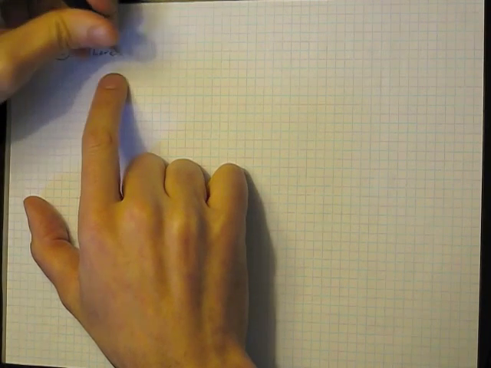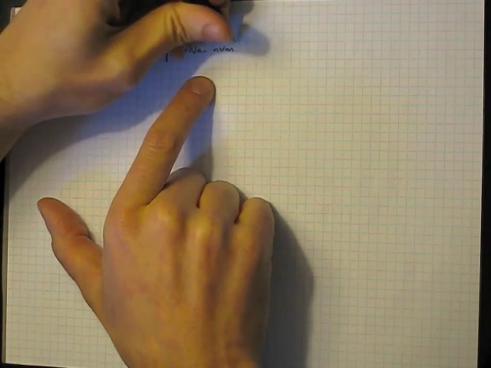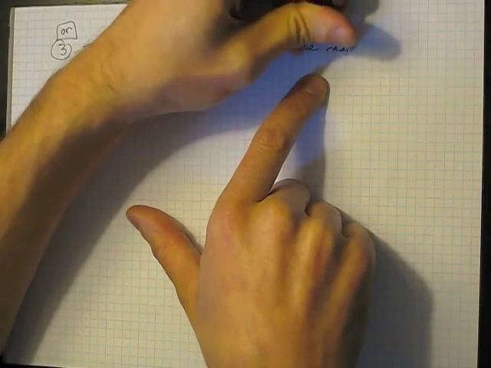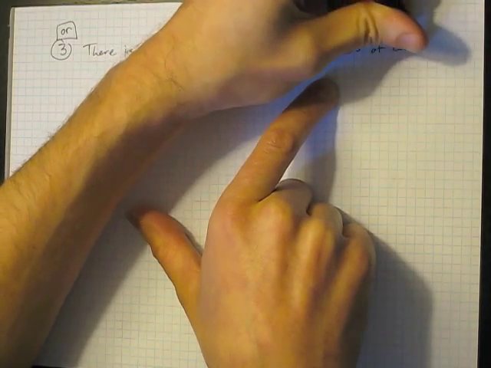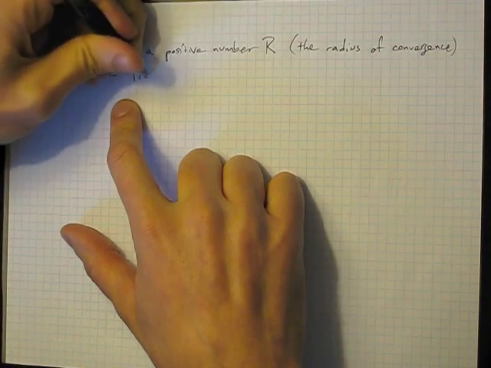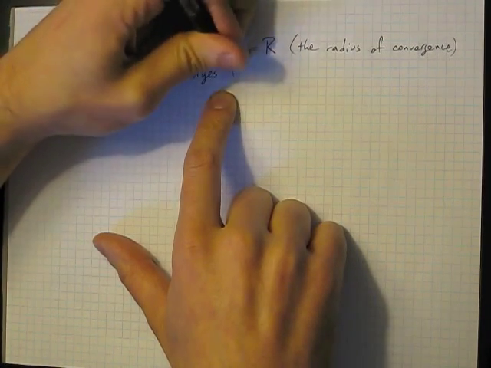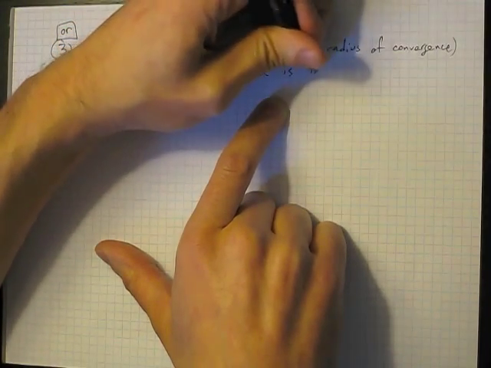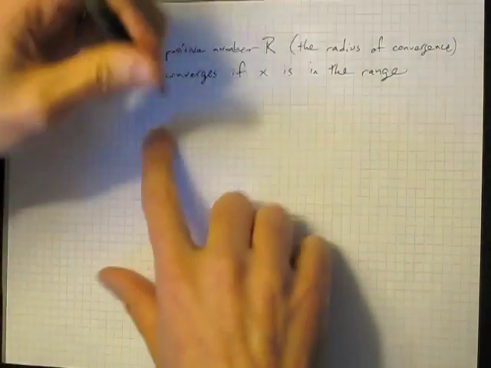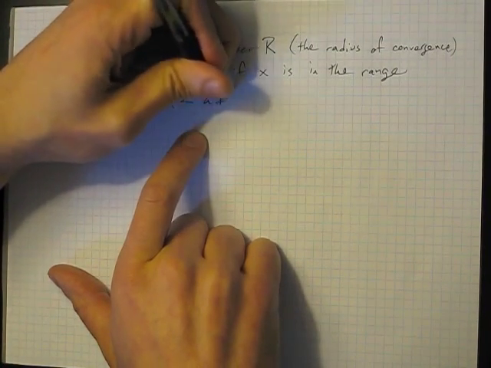There is a positive number r, and this is the radius of convergence, where the power series P of x converges if x is in the range, basically if x is within r of the center. So here x has to be bigger than the center minus r, and it has to be less than the center plus r.